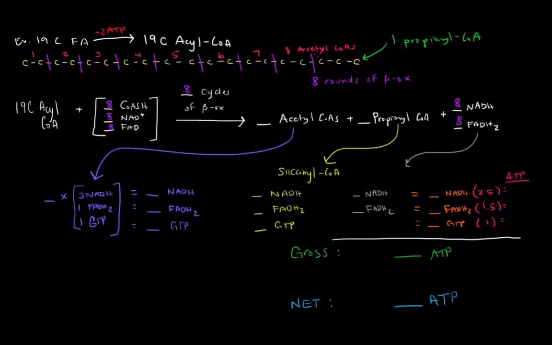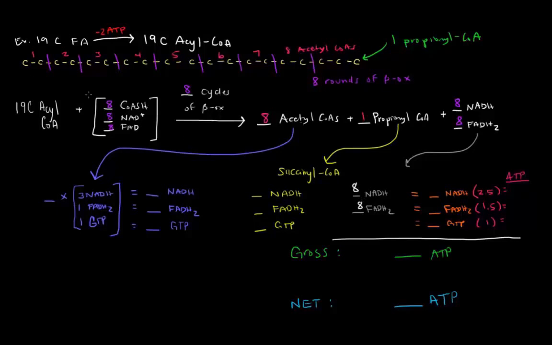How many acetyl-CoAs do we get? Well, when we underwent 8 rounds, we had 8 acetyl-CoAs, and then we have 1 propenyl-CoA. These NADHs and FADH2s go to the electron transport chain to be reoxidized, so we'll just count those here as 8 NADHs and 8 FADH2s that we'll add to everything else in just a moment.